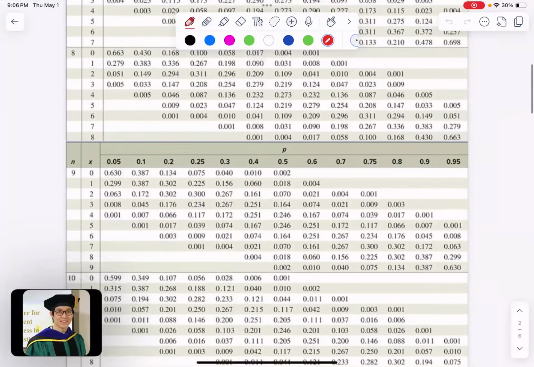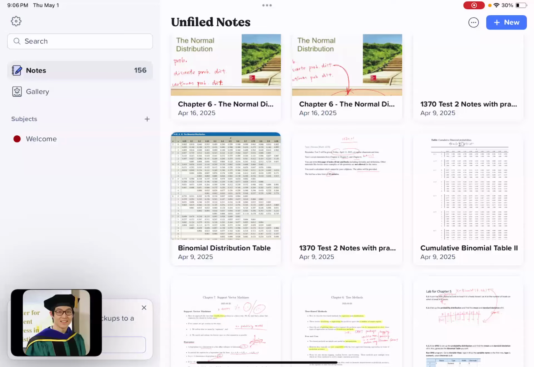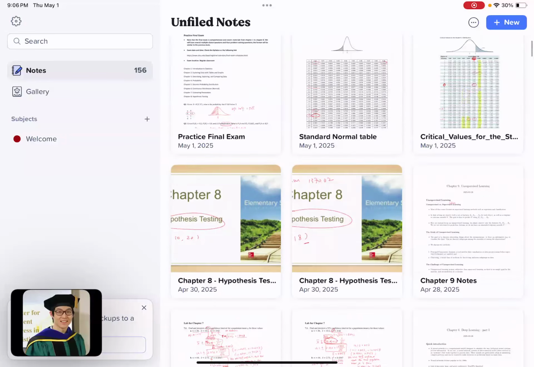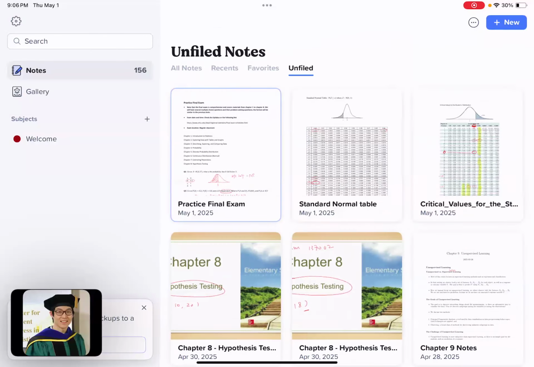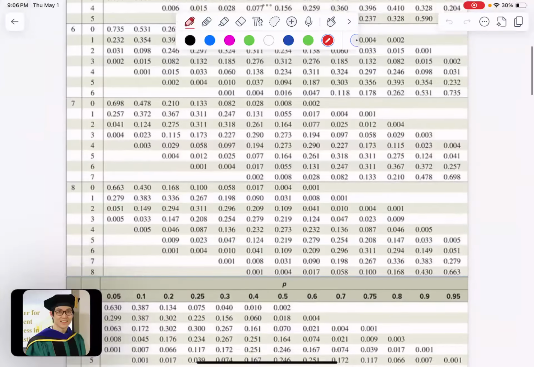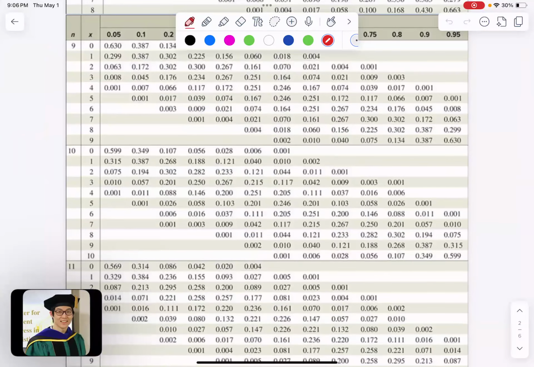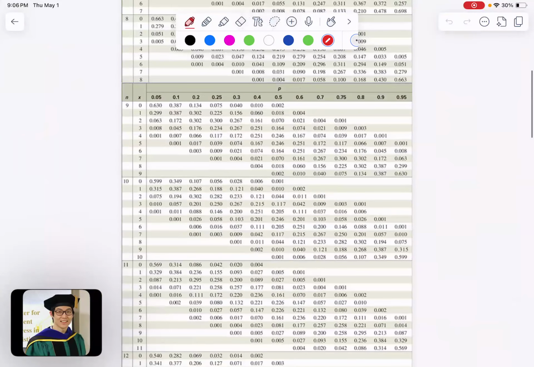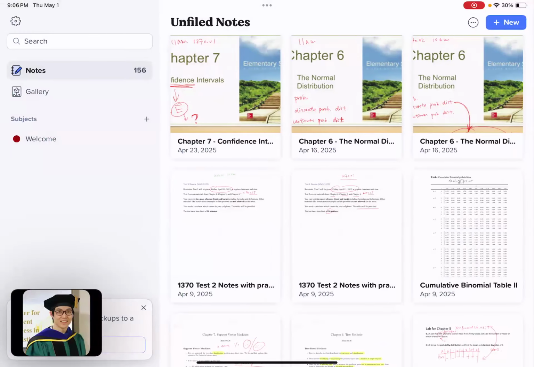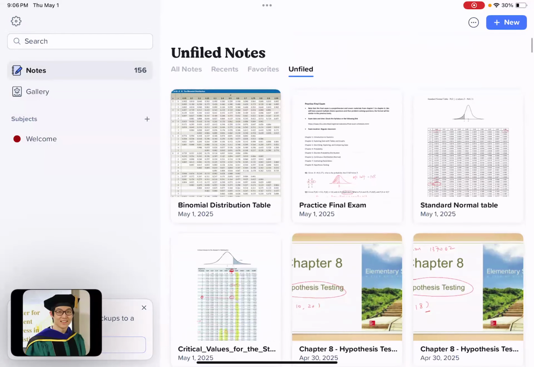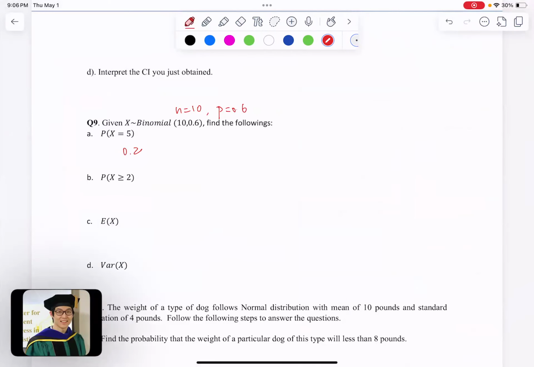N equals 10, p equals 0.6. So 0.6 is right here. N equals 10, and we want the probability of x equals 5. So this is the value, 0.201, from the binomial table.